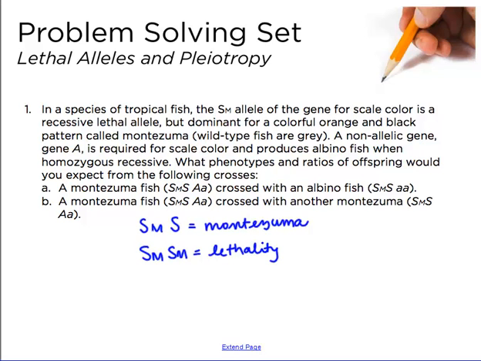Now for gene A, you need at least one big A to have color. And if you're little a, little a, you're albino. Oh, and we can also say that regular SS with no SM allele is gray, and that's the wild type fish color.